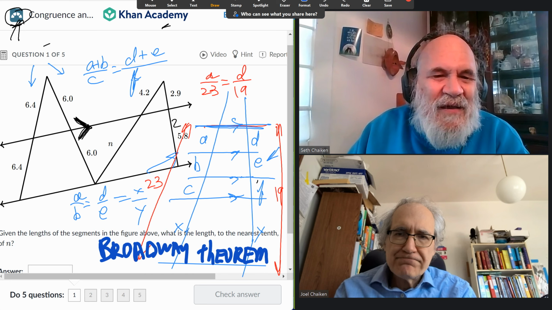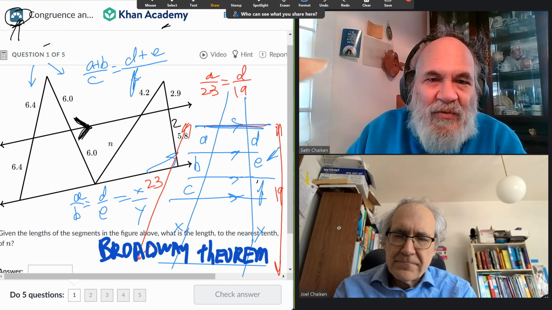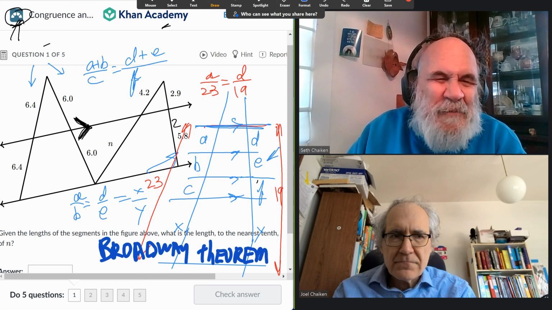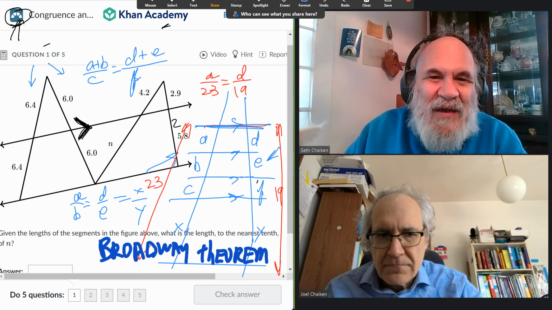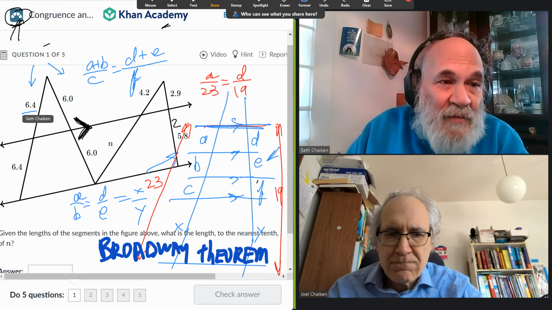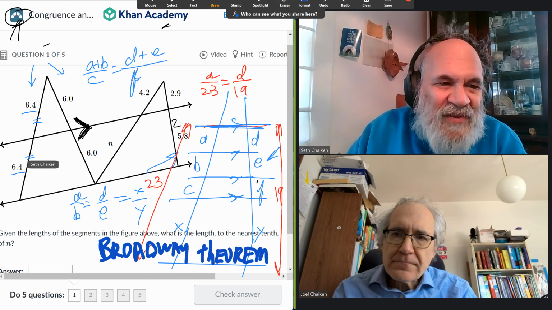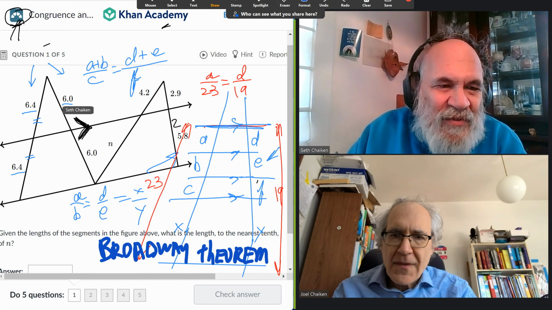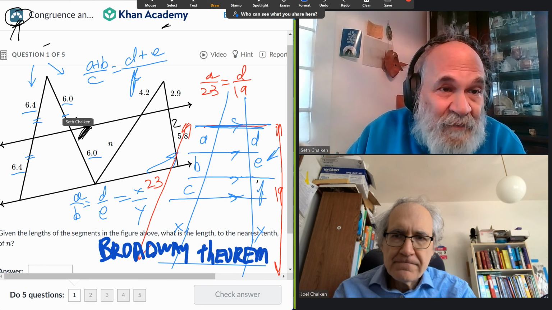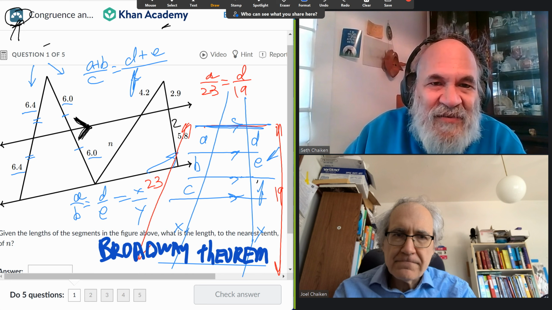Which would lead me to wonder about the problem. So here's what I imagined. I noticed that they gave numbers where this distance is equal to this distance, both of them 6 4/10, and this distance is equal to this distance, equal to 6.